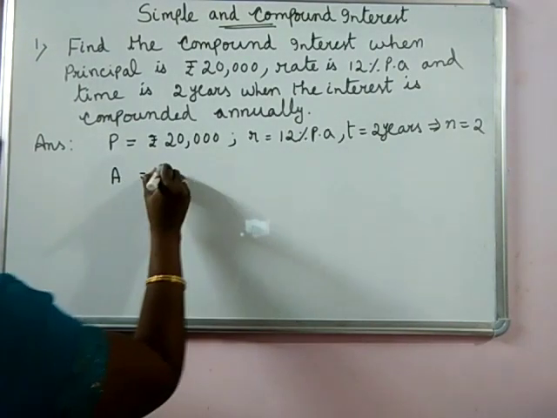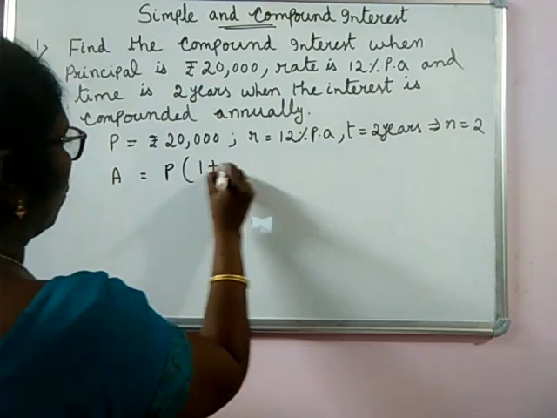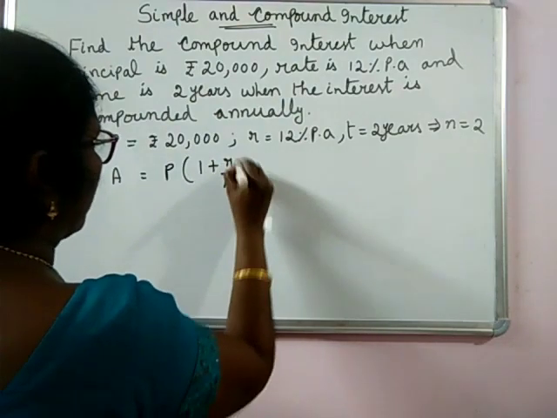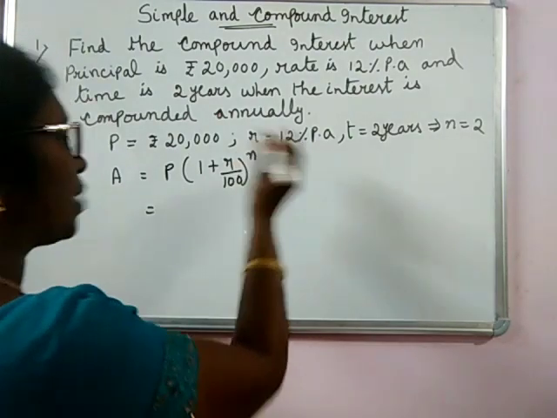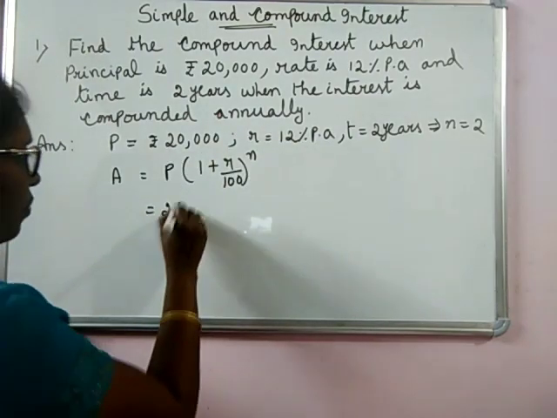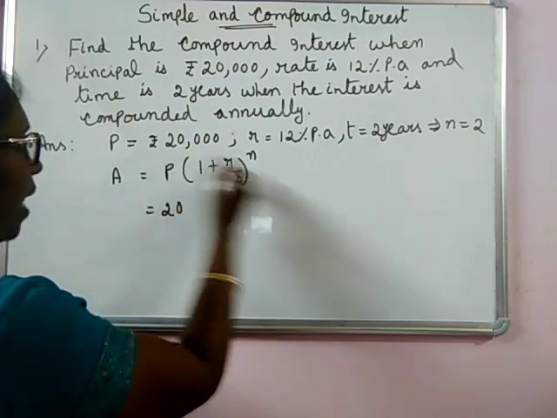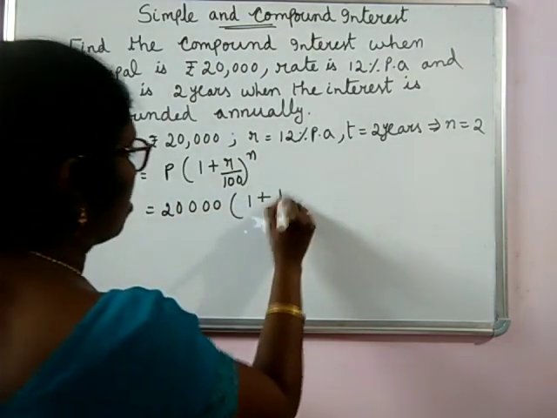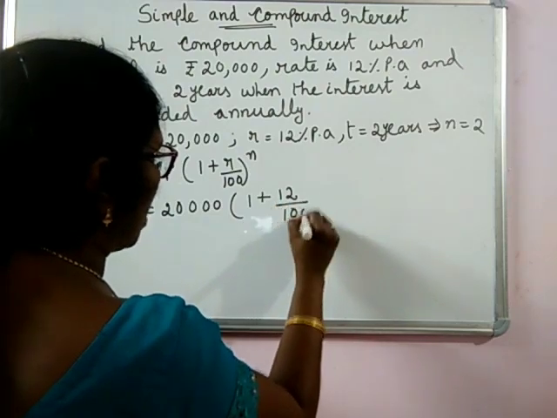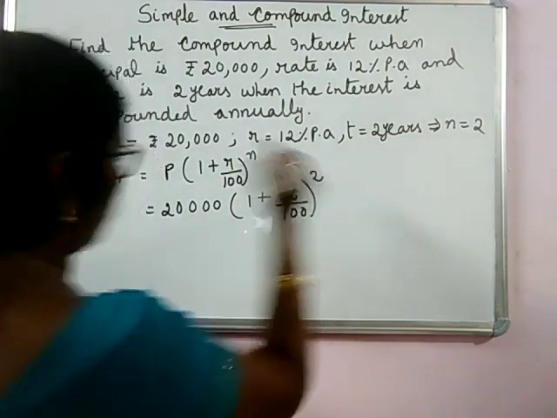So amount equal to P into (1 plus R by 100) whole to the power n. Always try to write the formula and substitute so that no confusion will be there. Substitute the values of P, R, N. P is 20,000, 1 plus R is 12 by 100, N is 2.